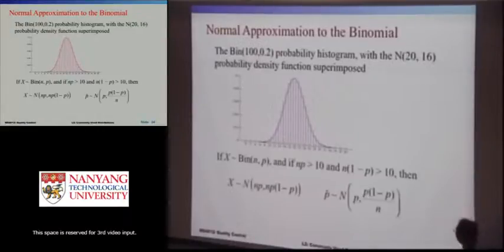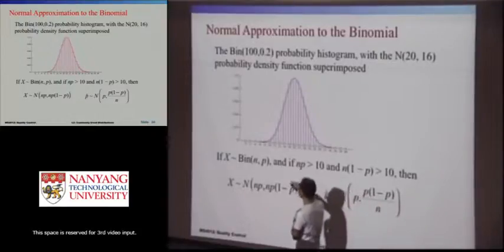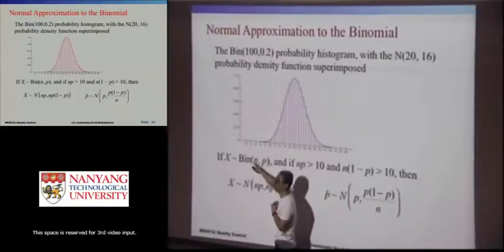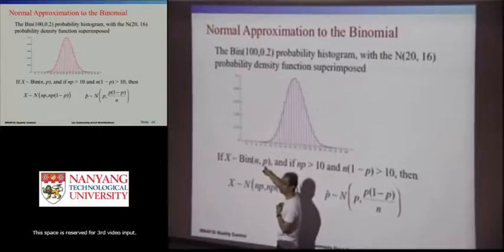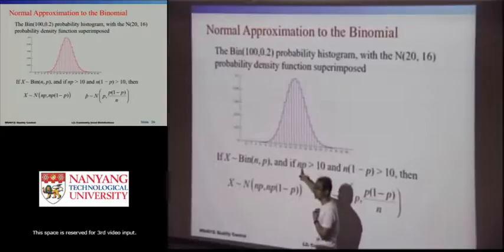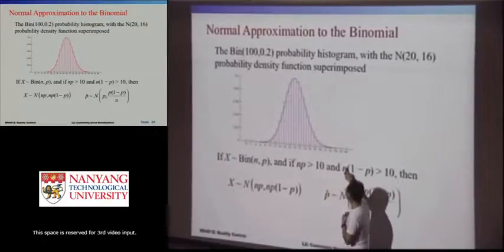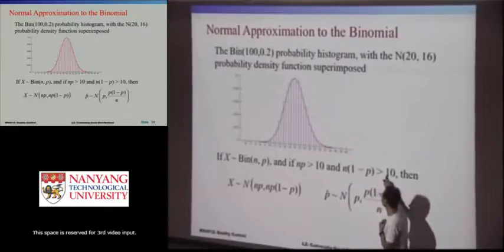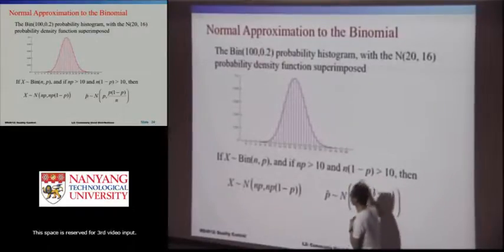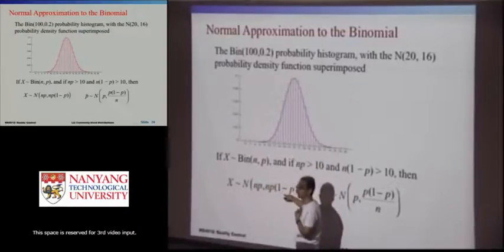So if random variable x satisfies a binomial distribution with the number of trials n and success probability p, and the expected number of successful trials is larger than 10, and the expected number of failure trials is also larger than 10, then we can approximate this binomial distribution by a normal distribution.